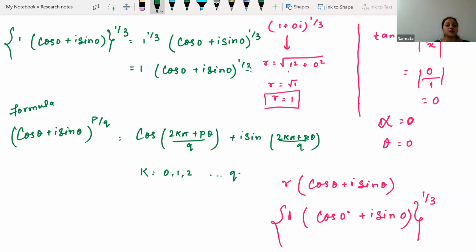Till q minus 1. This formula we are going to use for the power 1 by 3 in our question, or you can say in the concept related to cube root of unity.